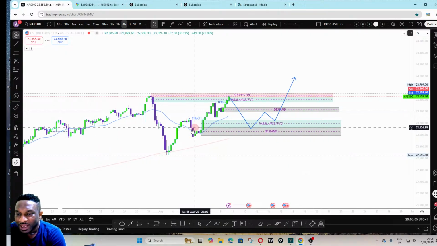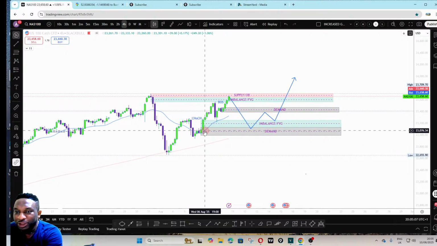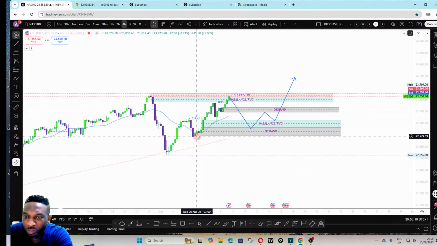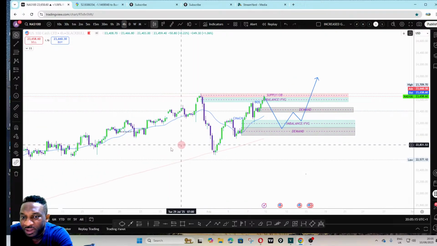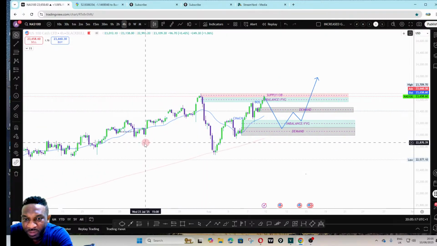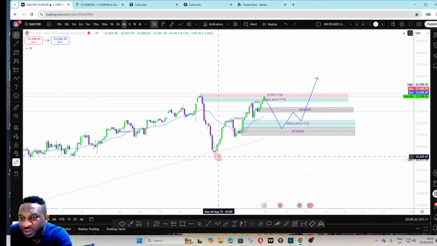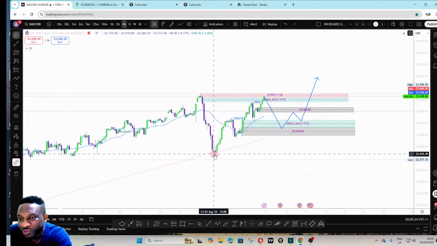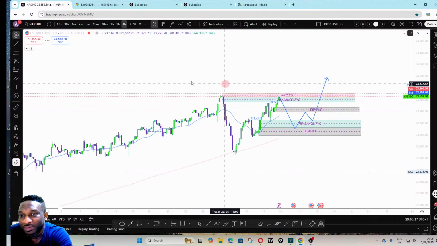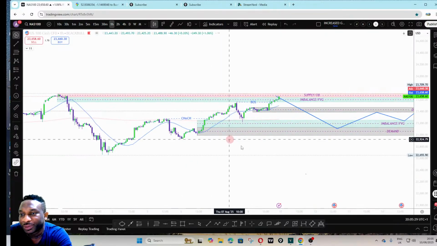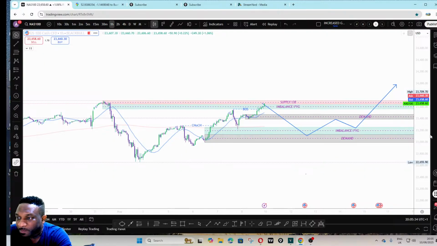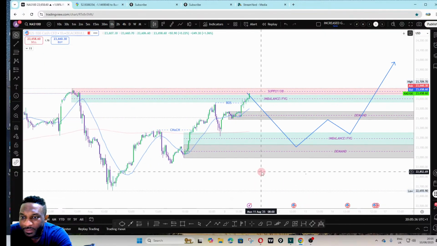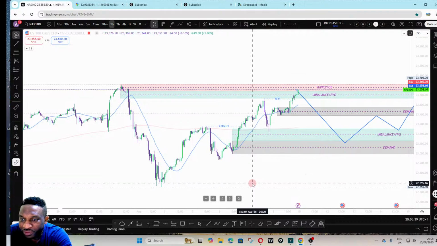Once I have any of my entry models showing up here, I'm more than happy to go into the trade right from here, because I can see this has already cleared some liquidity here and then failed to come back to beat this previous record. And already I know that NAS is in a bullish run, so I wouldn't hesitate to take my trade right from there.